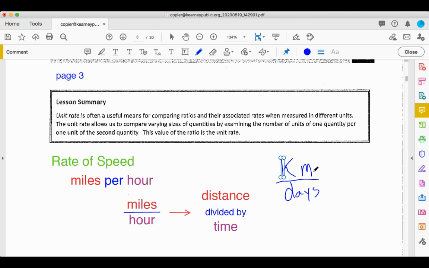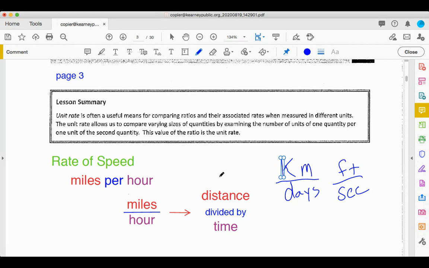That's a rate of speed. We could also talk about like this, feet per second. Okay? Those are other rates of speed. What are we most familiar with? Miles per hour. Okay? As you get older, you'll be more familiar with that.